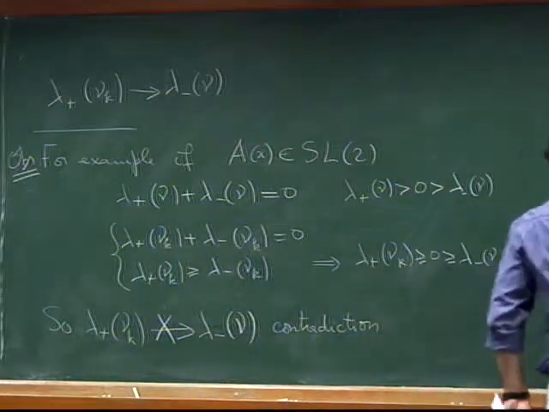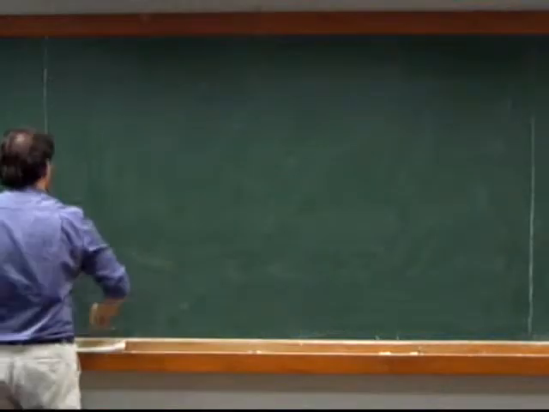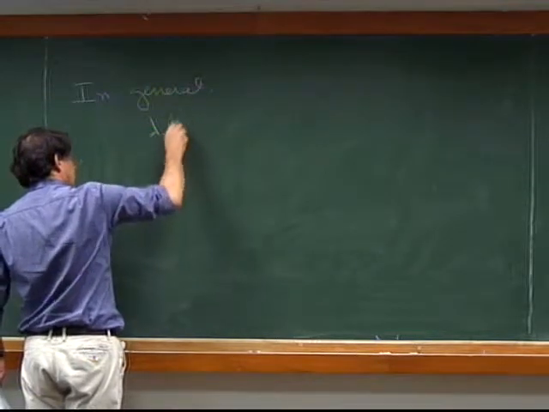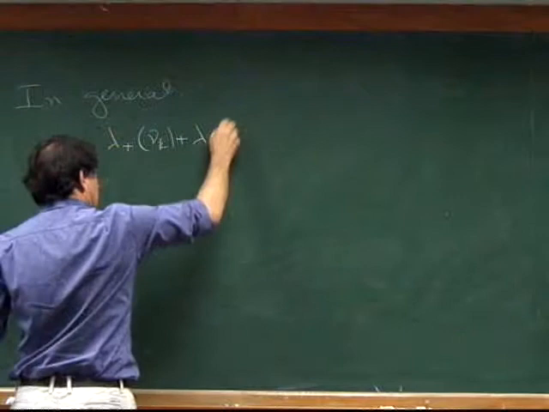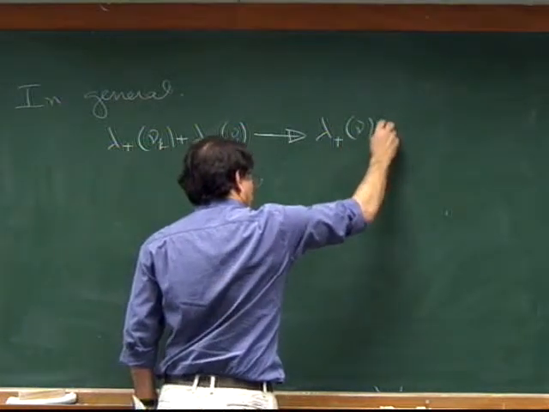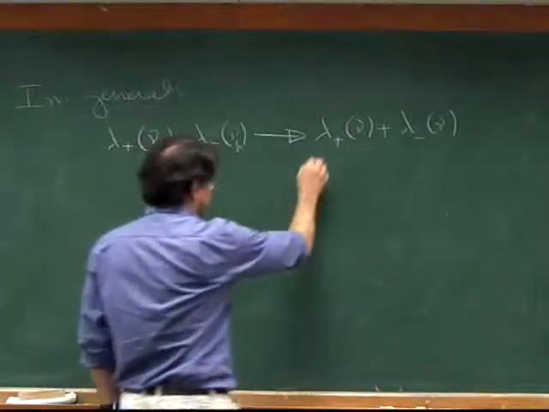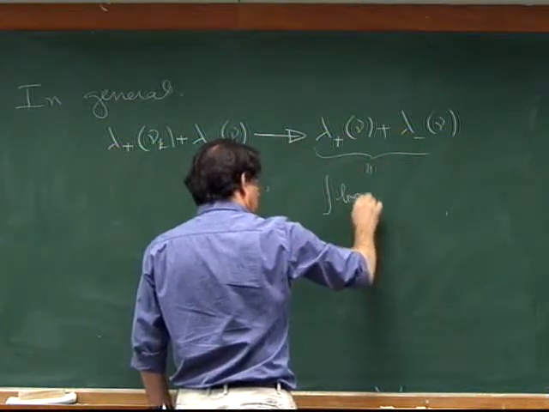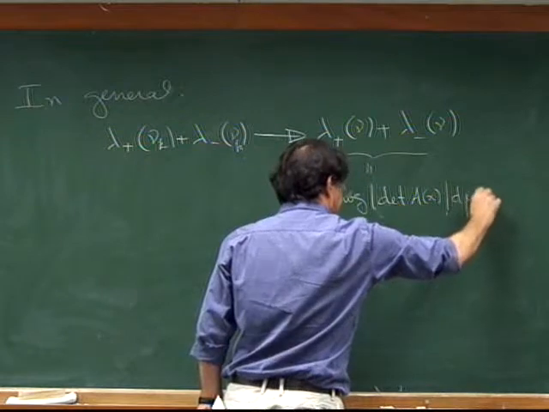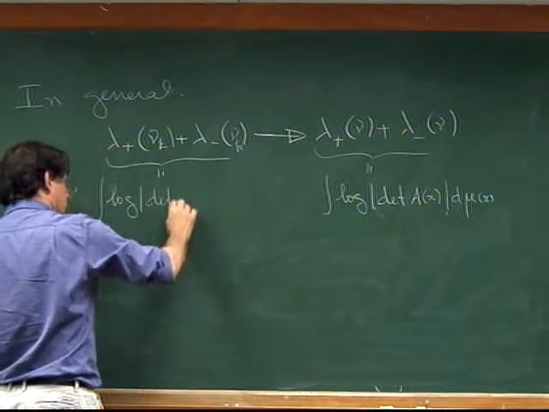So to finish, let me just treat the general case. In general, we prove that lambda plus of nu k plus lambda minus of nu k converges to lambda plus of nu plus lambda minus of nu, the sum, and the reason is that the sum is equal to the integral of the logarithm of the determinant d mu, and this is equal to what I'm writing as part of the Oseledets theorem, special case.